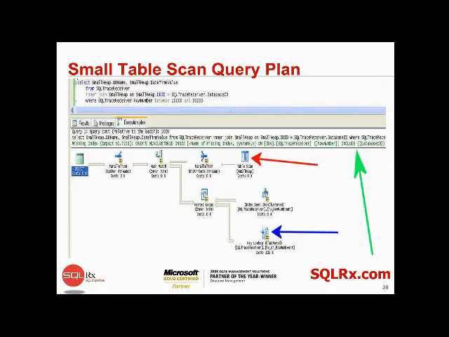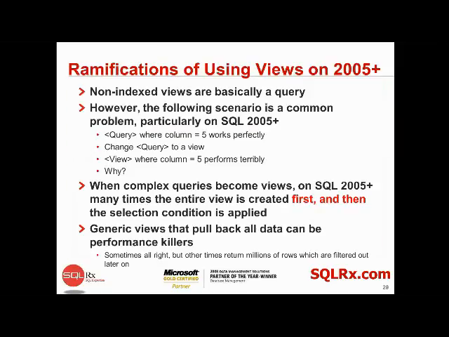So what do you do about views on 2005? Non-indexed views are basically a query, that's it. So here's a scenario that I've seen time and again, where you have a query where some column of that query equals 5, works fine.